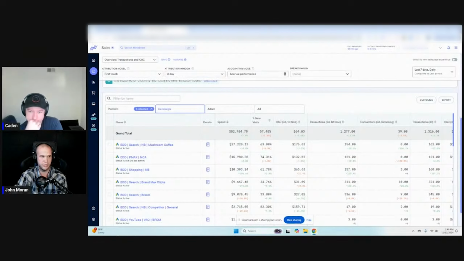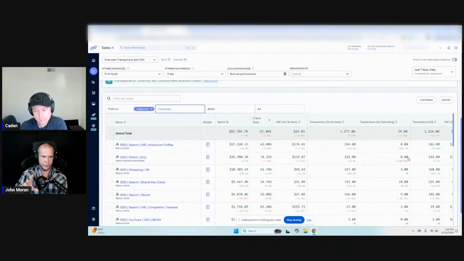If we look at first click, PMAX beat on first returning. But standard shopping is not the 10 it used to get. Now, here's what's also interesting. What we just did is we added first click attribution.